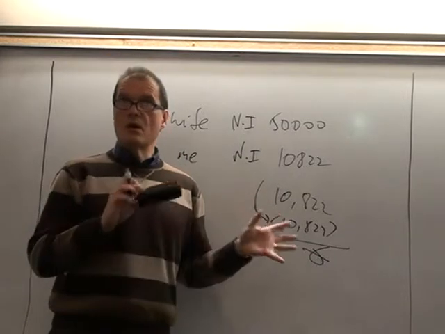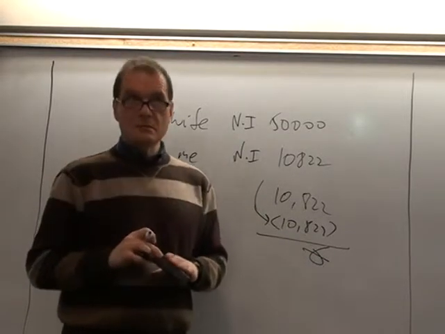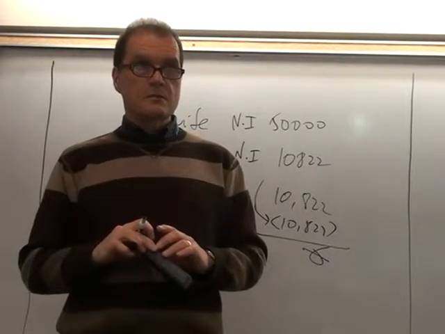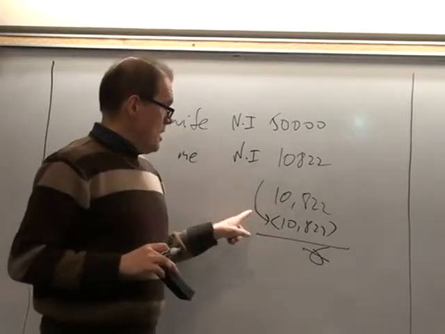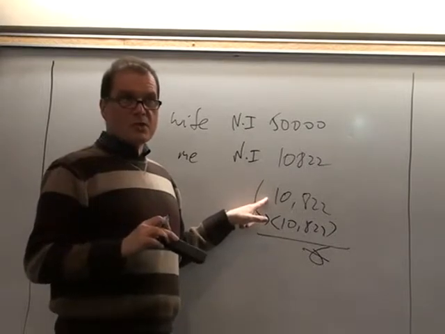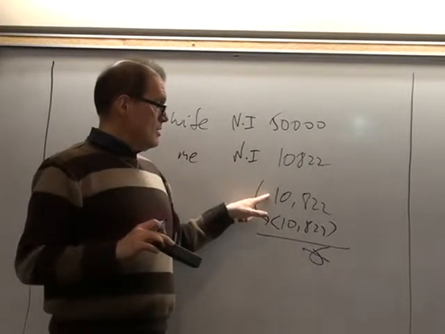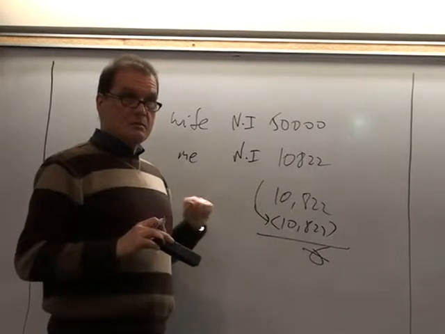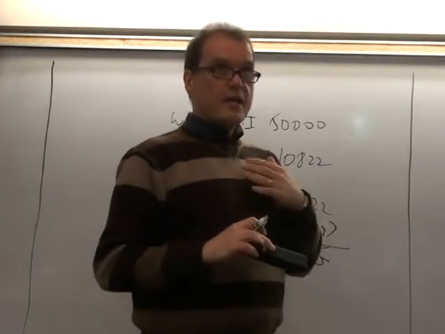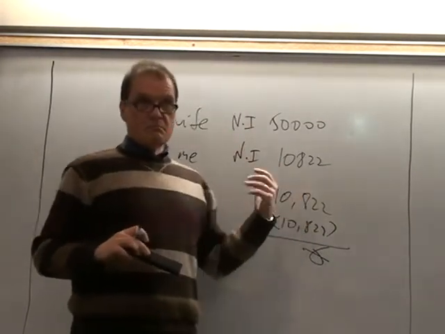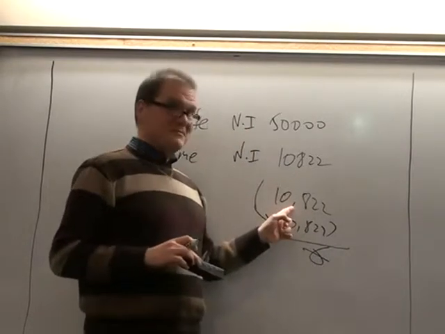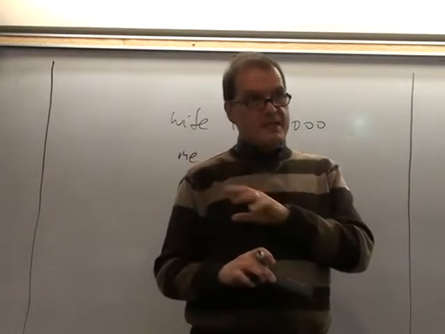So no spouse credit on her return. It wipes out her ability to claim me as a dependent. She cannot claim any spouse credit, but I would still be able to claim the basic credit? Correct. So I have 10,822 of income, taxable income, I can claim the basic credit. The credit is based on my taxable income.